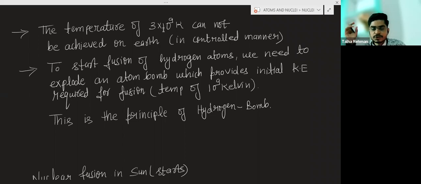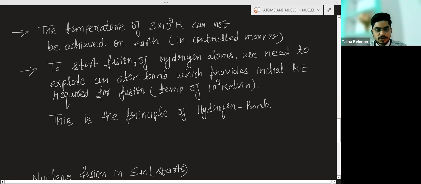That will give you a temperature of 10 to the power 9 Kelvin. Then the fusion reaction will start with the help of this temperature. So to start the fusion of hydrogen atoms, we need to explode an atom bomb which produces the initial kinetic energy required for fusion, giving the temperature of 10 to the power 9 Kelvin.